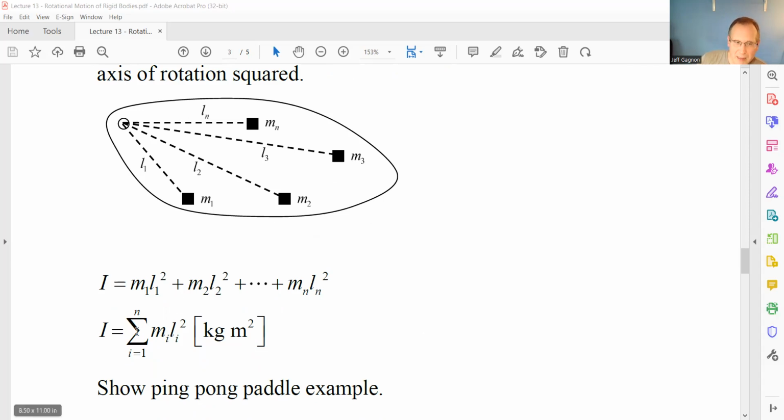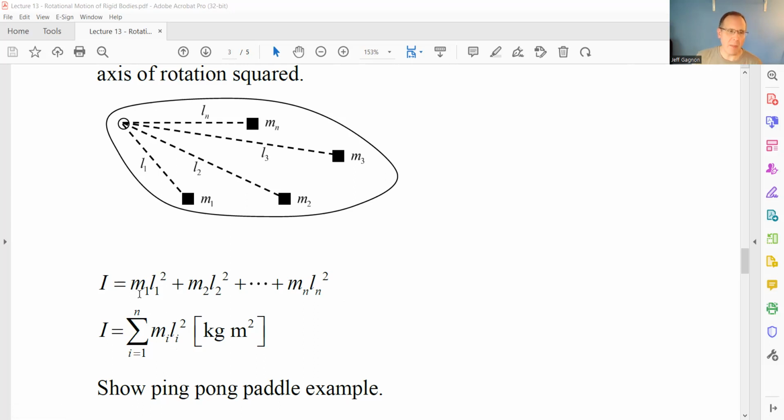Remember, sigma means the sum. So you would read this as the sum as i goes from 1 to n of mi Li squared, right? So the subscripts go from 1 to n. So basically you're writing this thing over again, but in this more efficient notation using sigma.